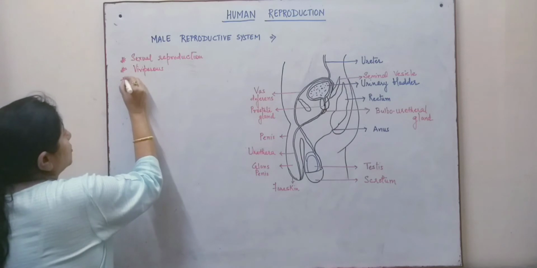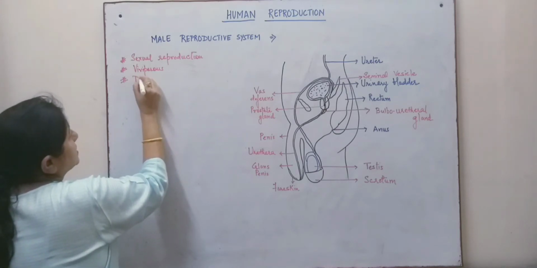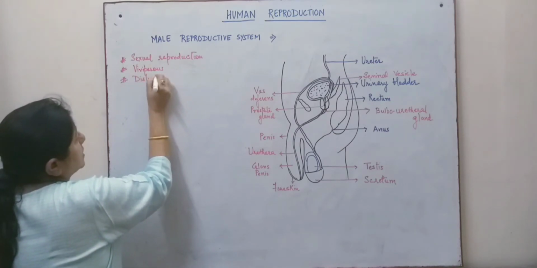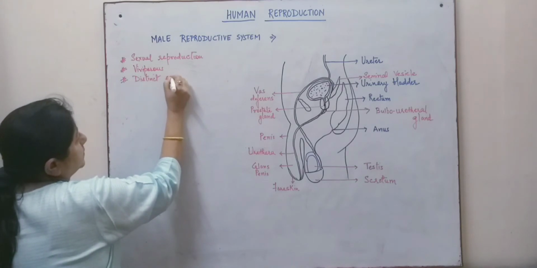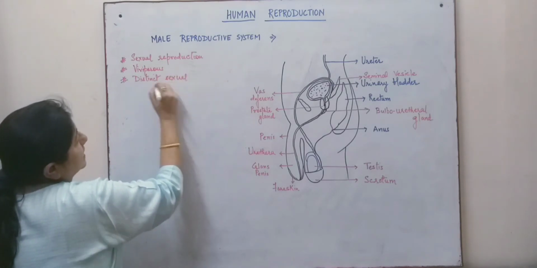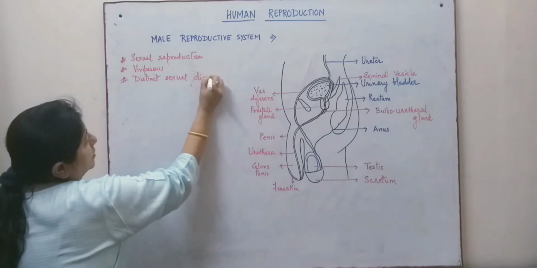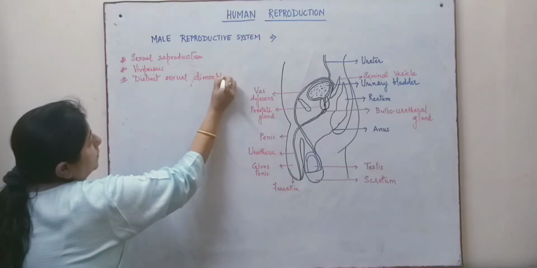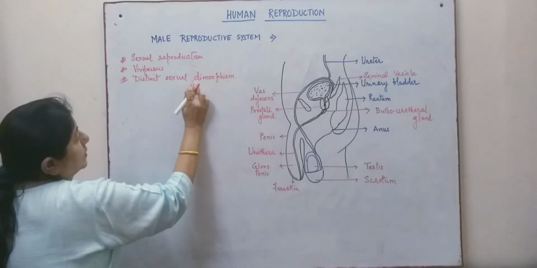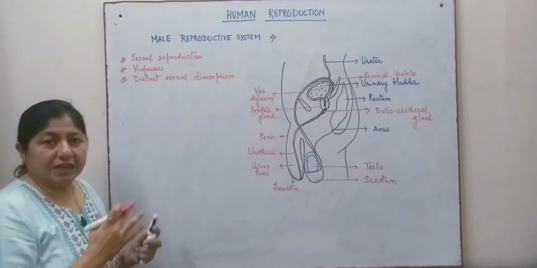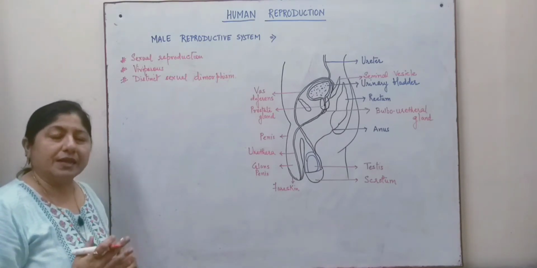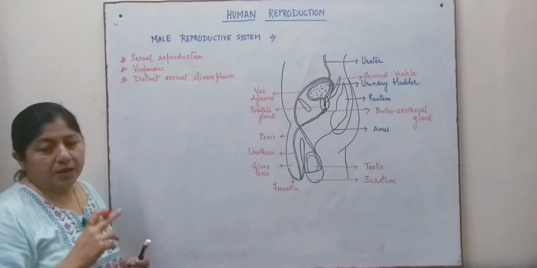Also, the human beings show distinct sexual dimorphism. So we can very clearly distinguish between the male and the female.